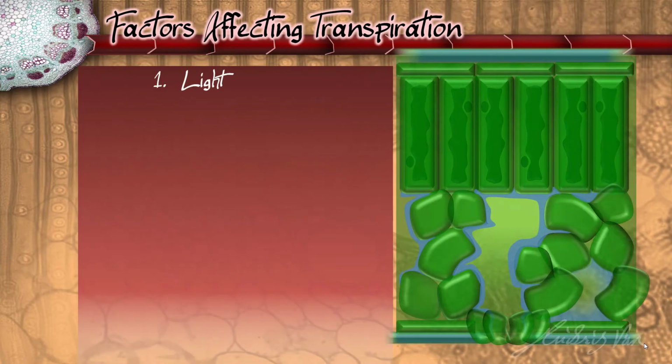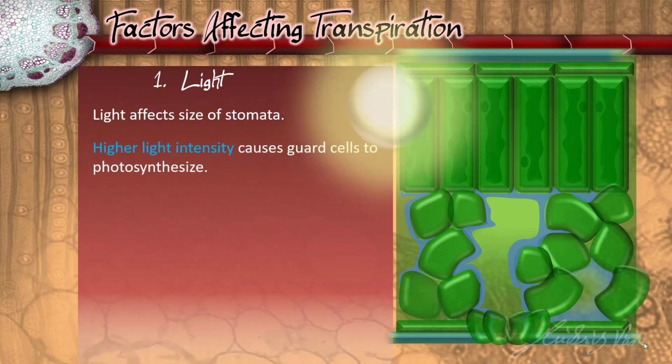For the factors affecting the rate of transpiration, we look at light intensity first. Light will affect the size of stomata. If you can recall in the chapter of nutrition in plants, during the day, the stomata will open. Higher light intensity will cause the guard cells to photosynthesize, and the guard cells will pump in ions, which will reduce the water potential.